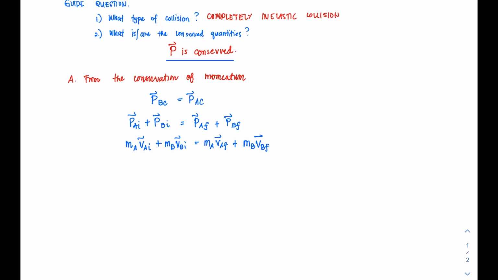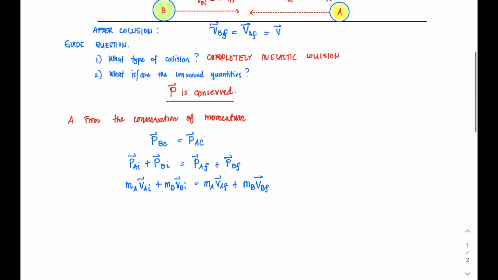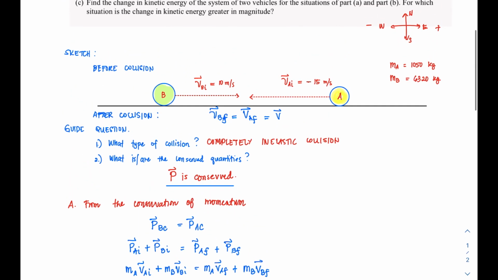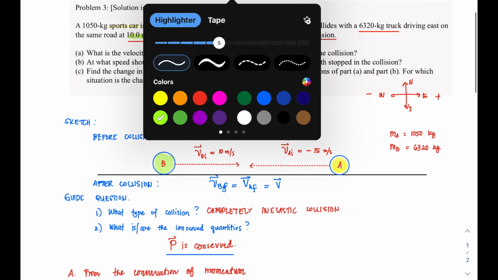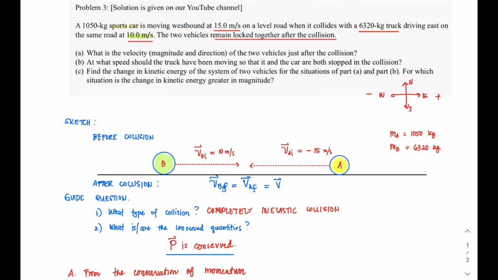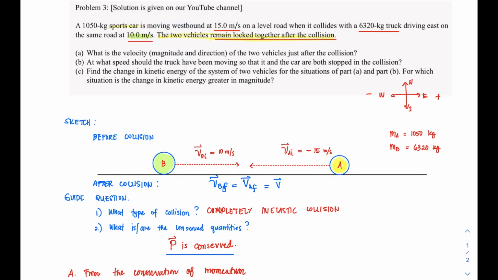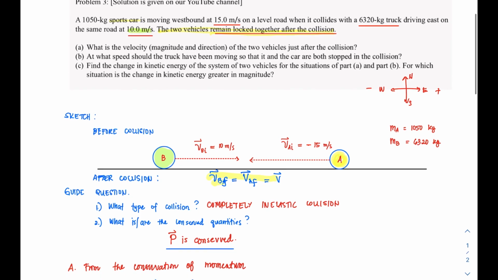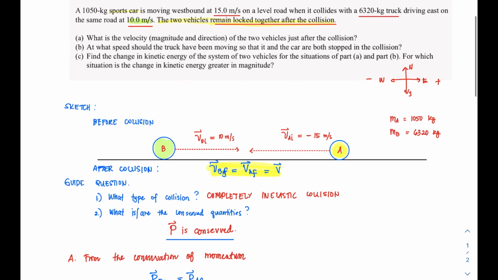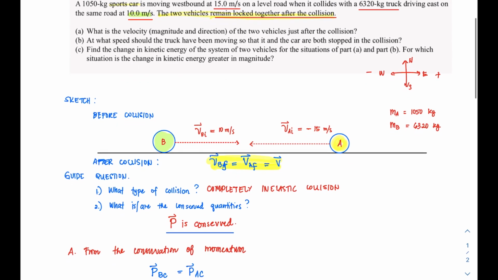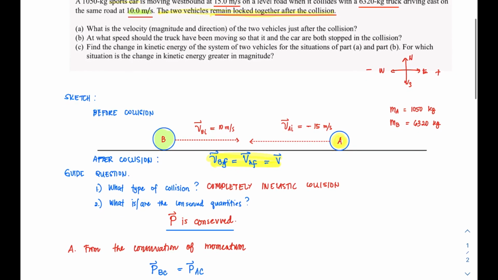But if you notice, as I've said earlier, the problem clearly states, and I will highlight that here, that the two vehicles remained locked together after collision. That implies that the final velocities of B, which stands for the truck, and A, which stands for the sports car, remain the same.